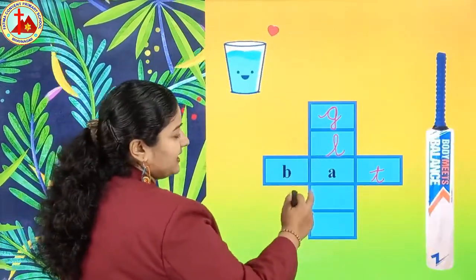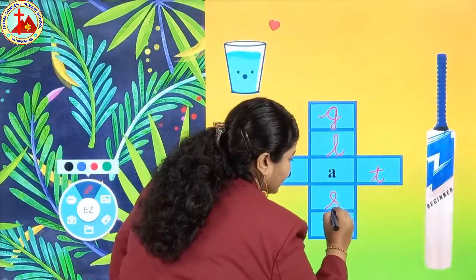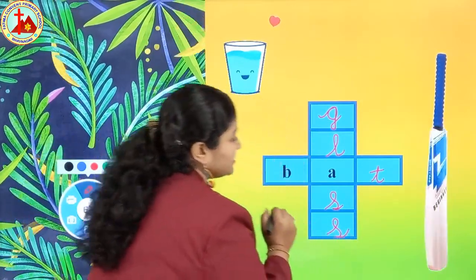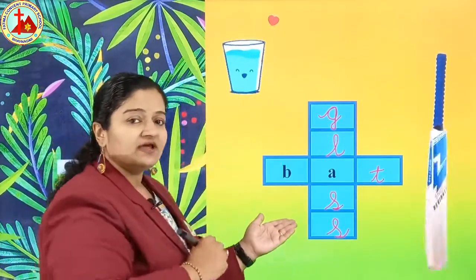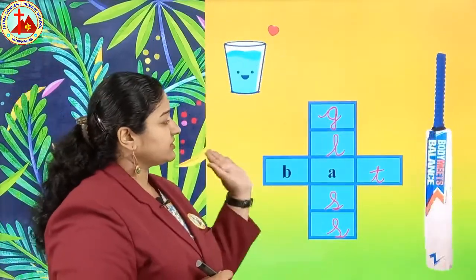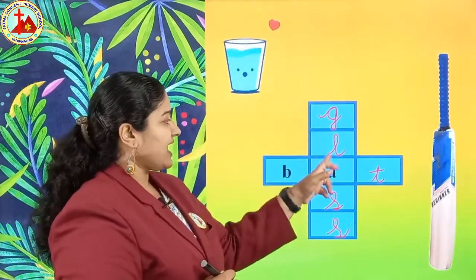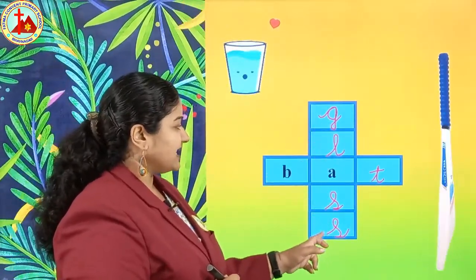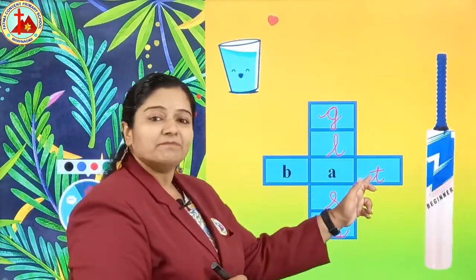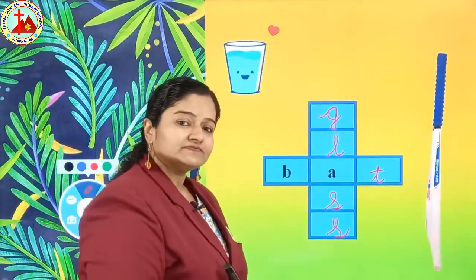G-L-A double S means 2 S we have to write. G-L-A double S, glass. So, this is a crossword. We finish the first crossword. Crossword means horizontal and vertical lines. First spelling is G-L-A double S, glass, and another spelling is B-A-T, bat. Understood, children? So, let's go ahead.